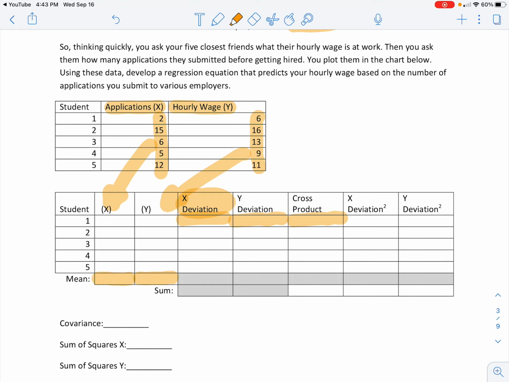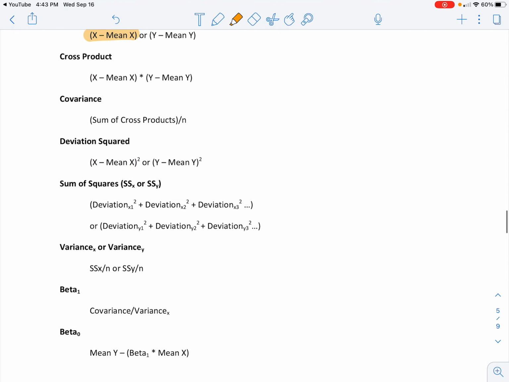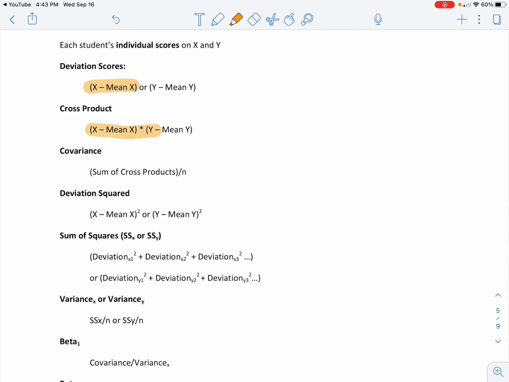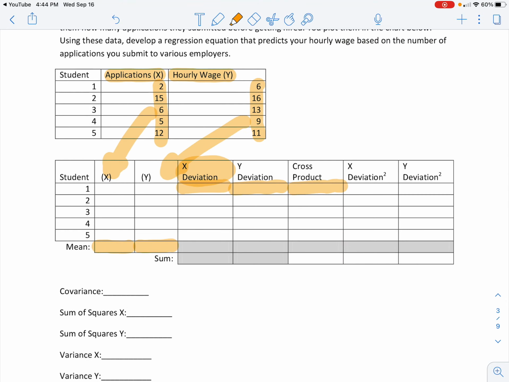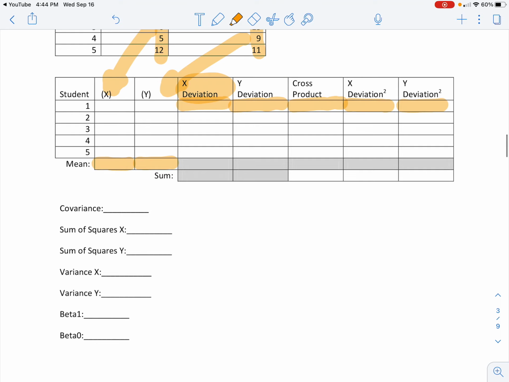What's the cross product? Well, again, if you've forgotten, just go down, take a look in reference, and you find the cross product is the deviation score of X times the deviation score of Y, and so on and so forth. So I've given you columns for each one of these: the X deviation squared, Y deviation squared, and then ultimately areas to put each one of the relevant variables that you'll be calculating.